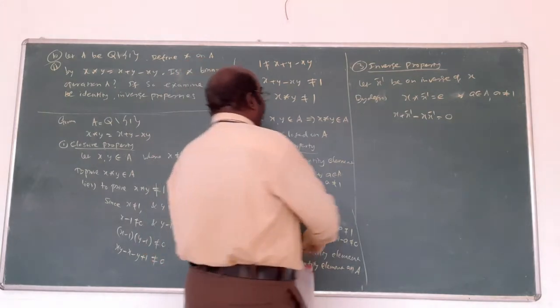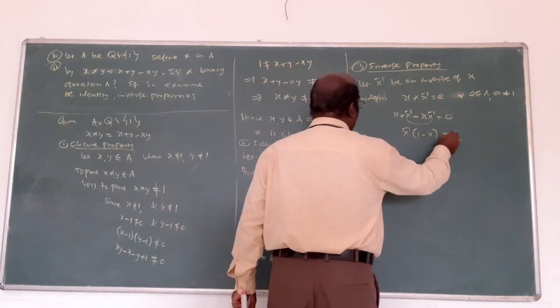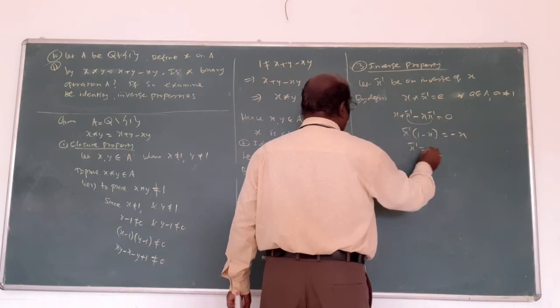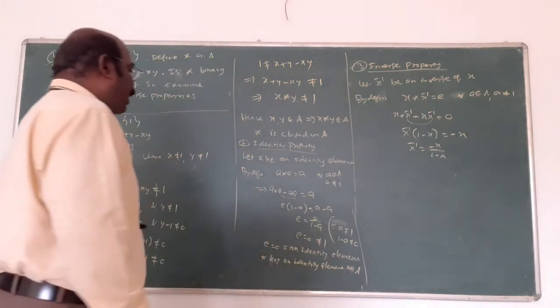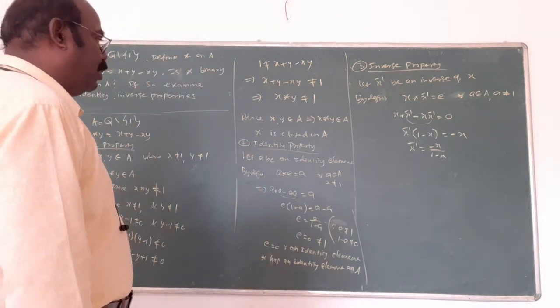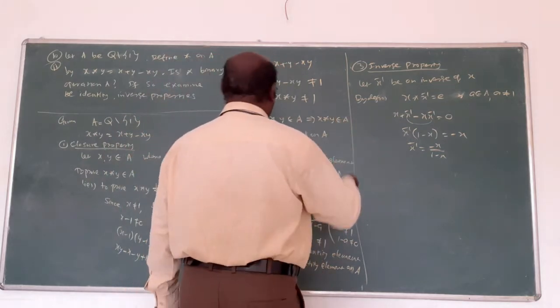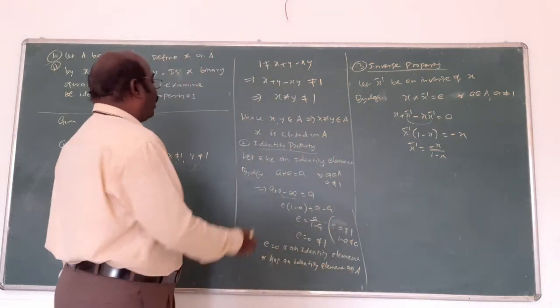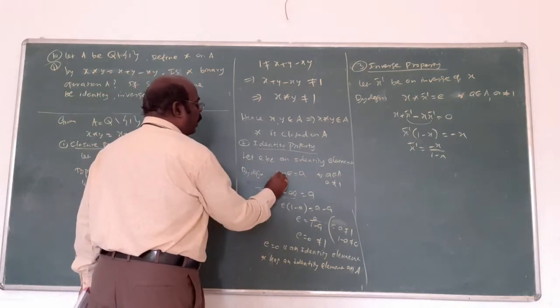Simple. Now, out of these two, what is common? x is common. 1 minus x equal to minus x. x equal to minus x by 1 minus x. Am I right? Here the question is only x, so inside A you will put x.